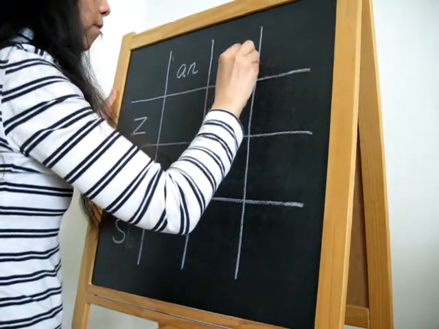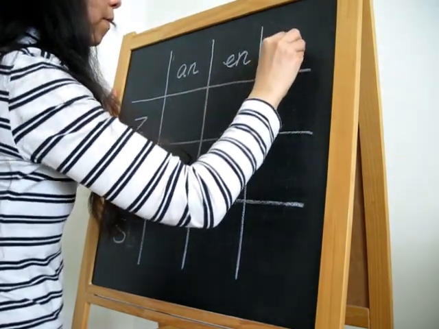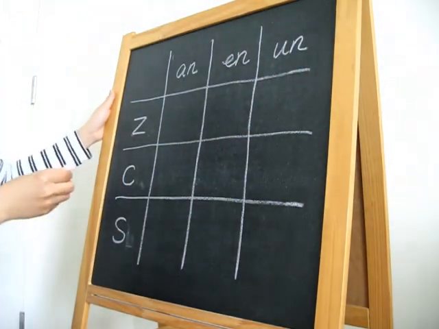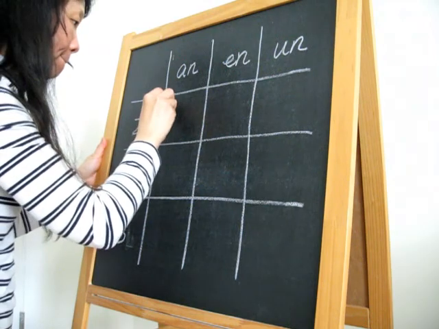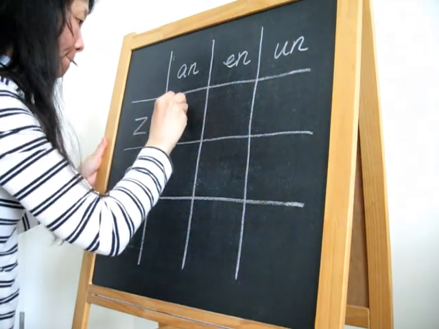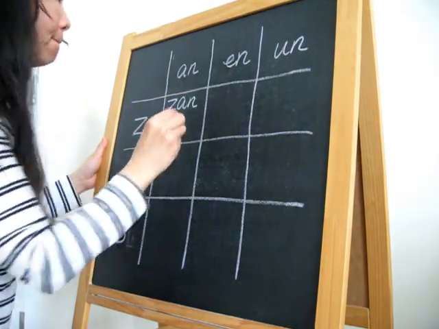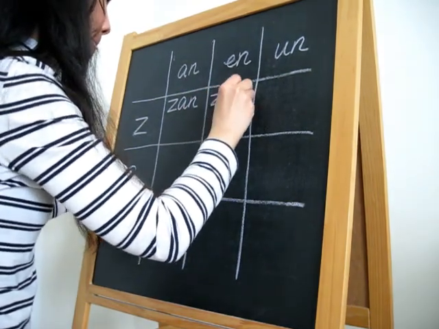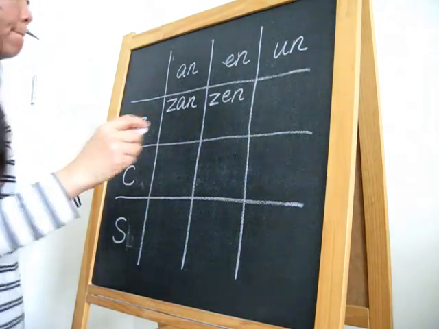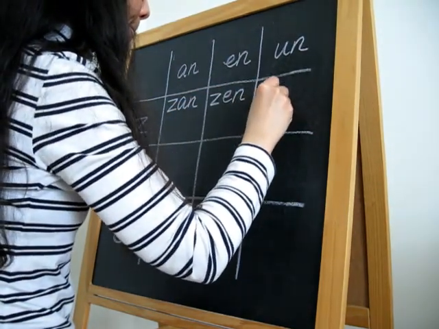The 3 pre-nasal vowels are an, en, and wen. Z-an zan, z-en zen, z-wen zun.